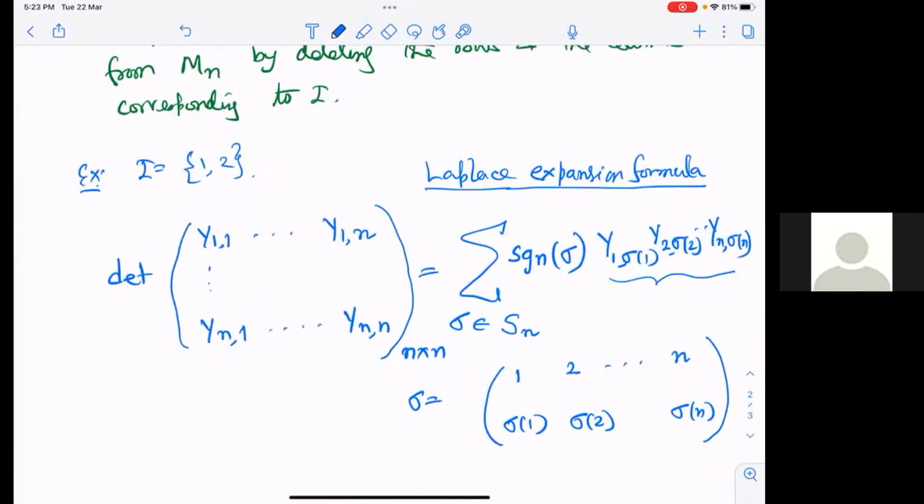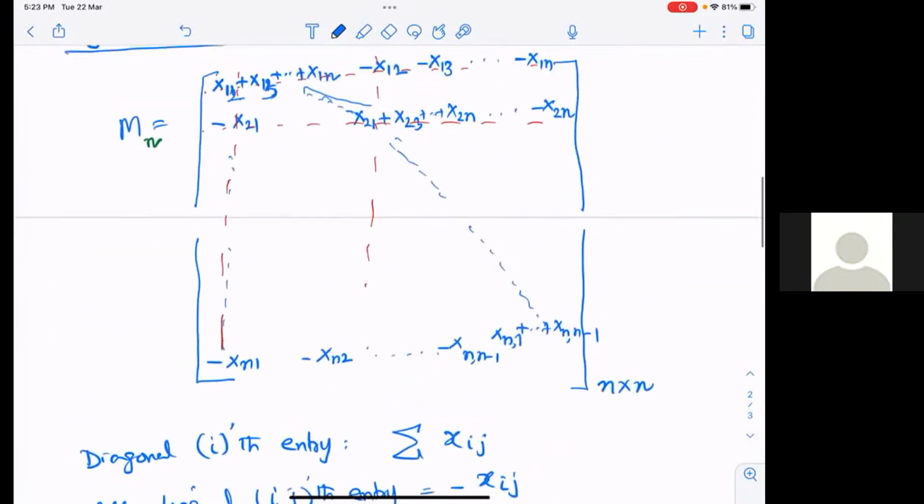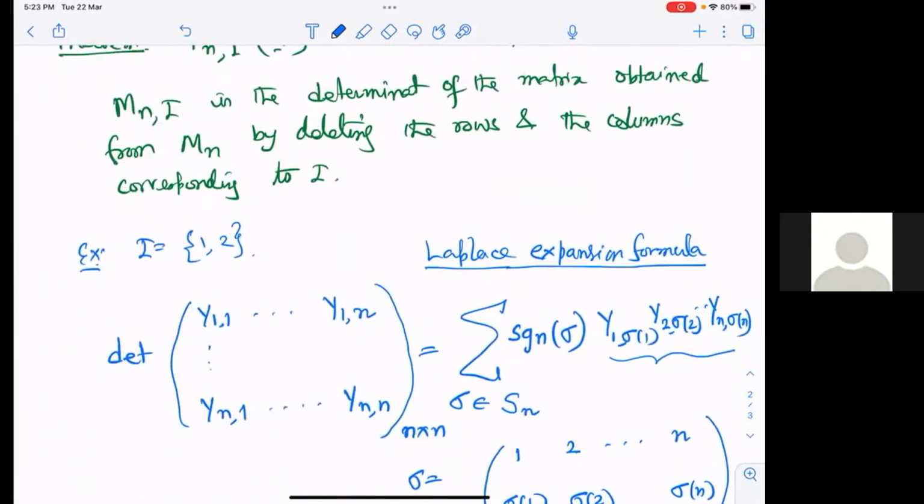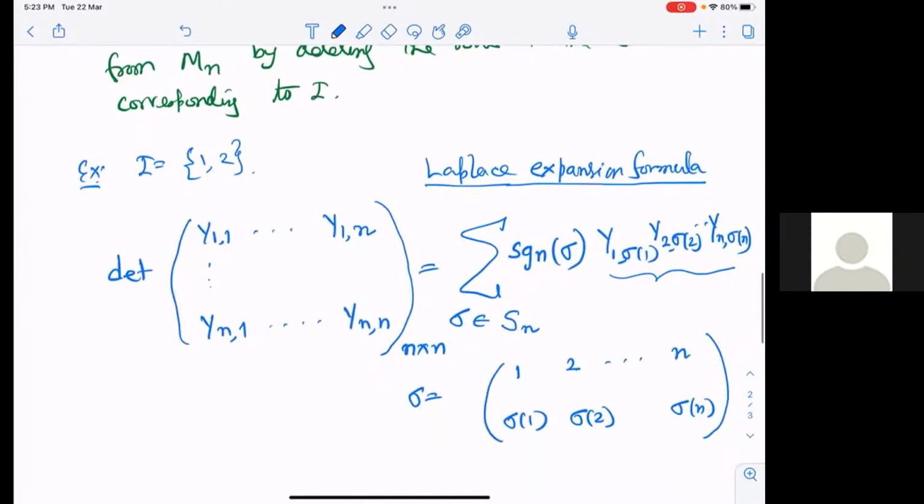Of course, for me, the yi's are not pure variables. They are either sums of variables or negations of some variables. But whatever be the value, it's an identity. So you can plug those things here and get an expanded formula for the determinant. Any doubt?